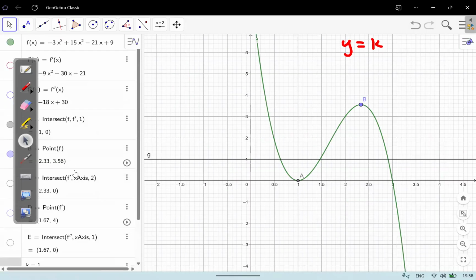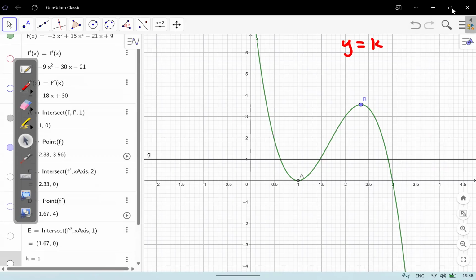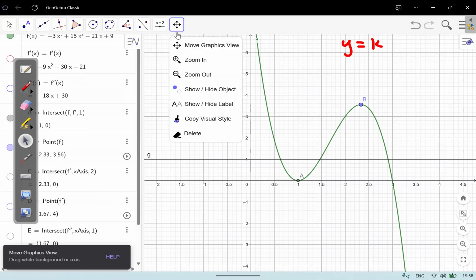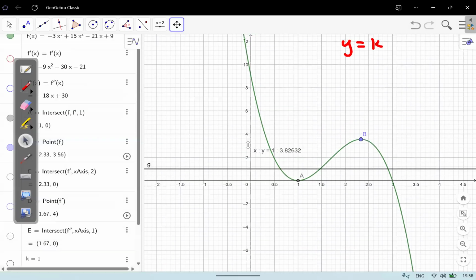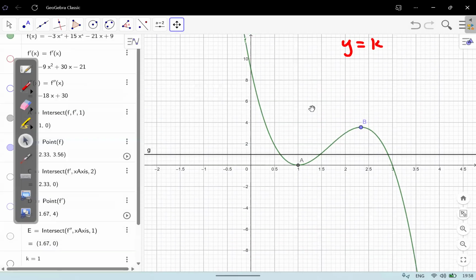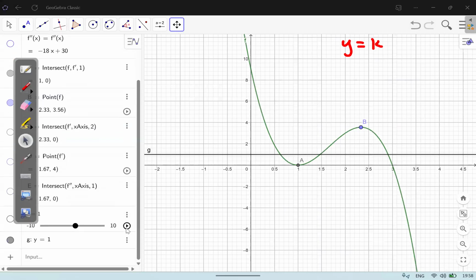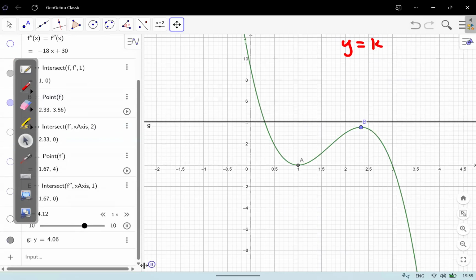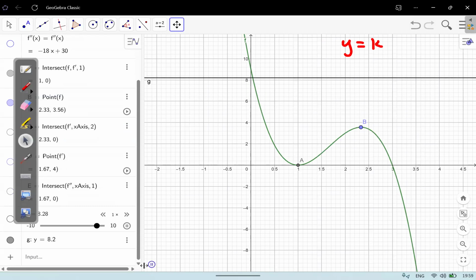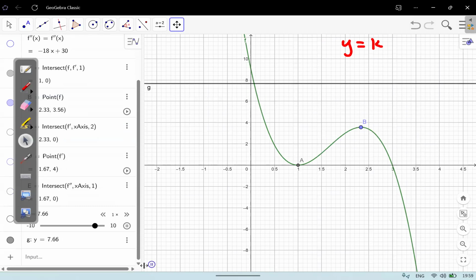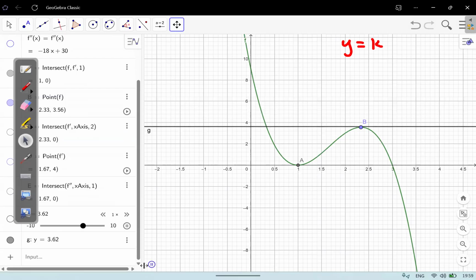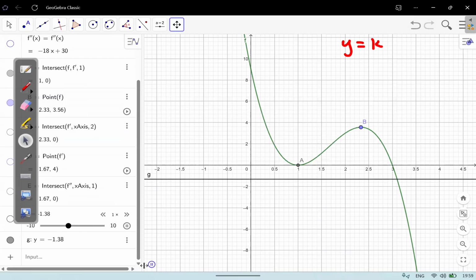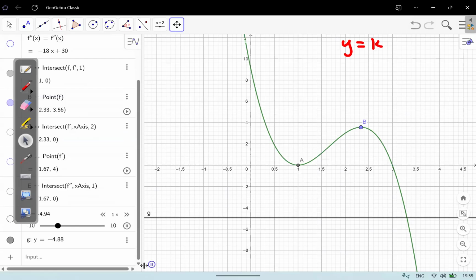Yeah, so you see the line equals k. It's a horizontal line, and I'm going to play the slider k, and you will see it's going to move up and down. So watch this. Obviously it will move between 10 and -10. Currently it's at 1. It's going to move up to 10, it will bounce back, and it's going to move down to -10, and it will bounce back.